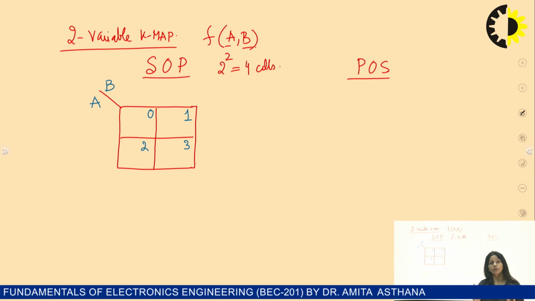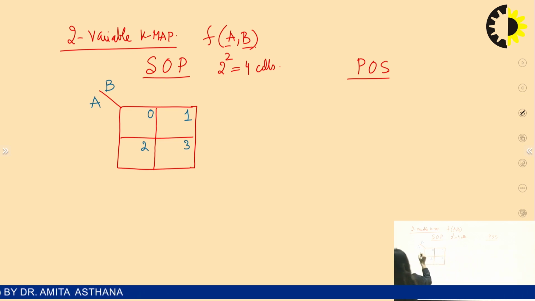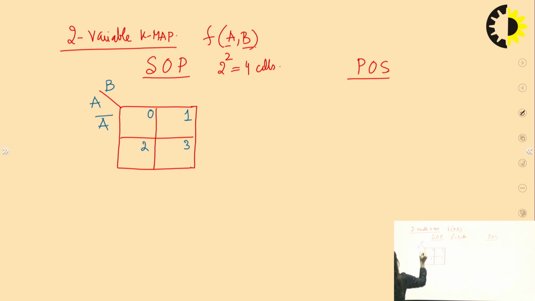If I am putting my first variable down the line, then you have to go horizontal in the counting, right? The first row would be A bar and the second row would belong to A. Similarly, here it will be B bar and this will be B.